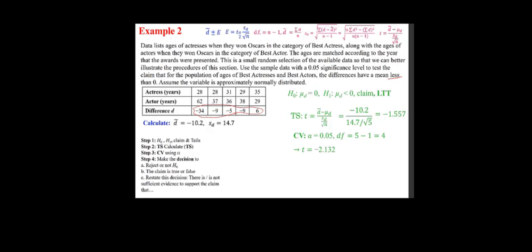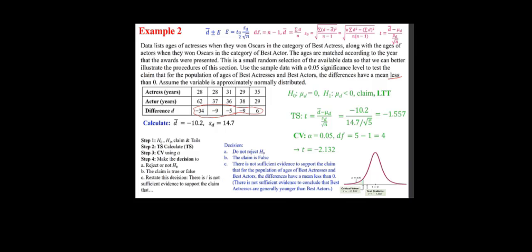And when you don't reject H0, that means loosely put, you reject H1, that means you reject the claim. What does it mean when you reject the claim? The claim is false. And then you do your writing. So do not reject H0.